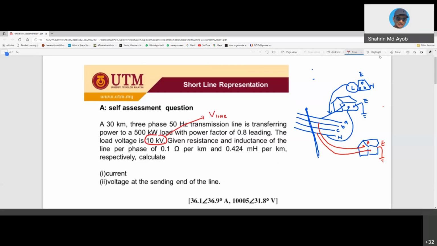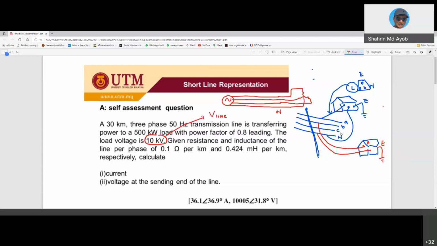Since you have A, B, C, and the neutral point here, it means that from the transmission line we have a three-phase generator. So the load connection should be Y connected, and then usually we have this another wire which is the neutral point.